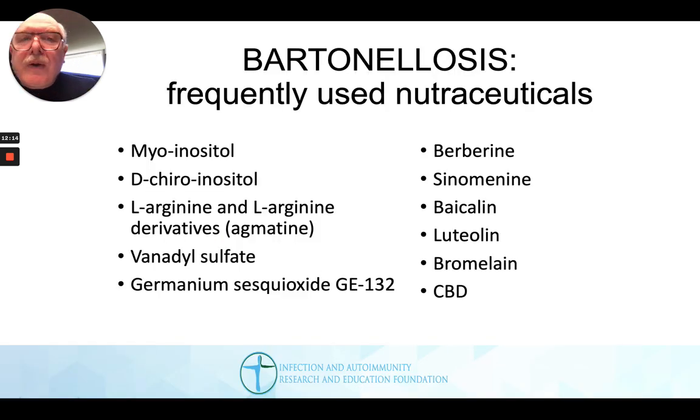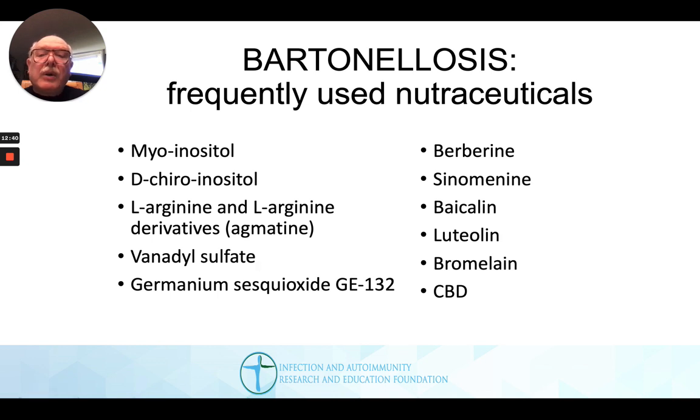We also frequently use certain nutraceuticals. This is a list of the most common nutraceuticals in our practice. It includes myoinositol, D-chiroinositol, definitely L-arginine, and L-arginine derivatives such as agmatine. We're using more and more vanadyl sulfate, which has unique activity against Bartonella henselae.